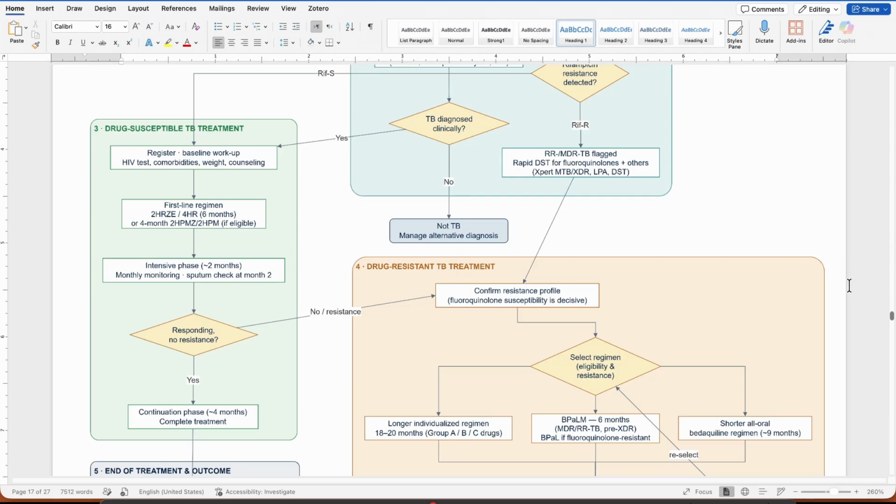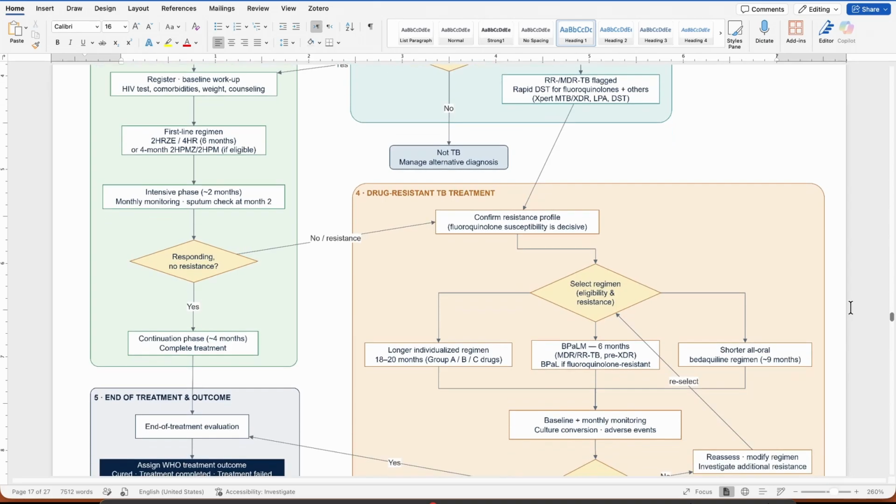Basically there is drug susceptible TB, DSTB, stage 1, stage 2 is DR-TB, stage 3 is MDR-TB, stage 4 is XDR-TB. DR-TB is drug resistant TB, meaning your bacteria is resistant to only first line drugs. MDR-TB is multi-drug resistant TB, meaning there are multiple drugs against which that bacteria has developed resistance.